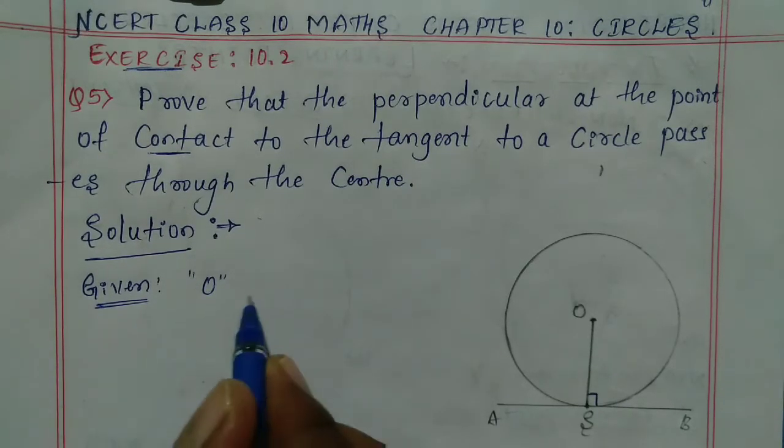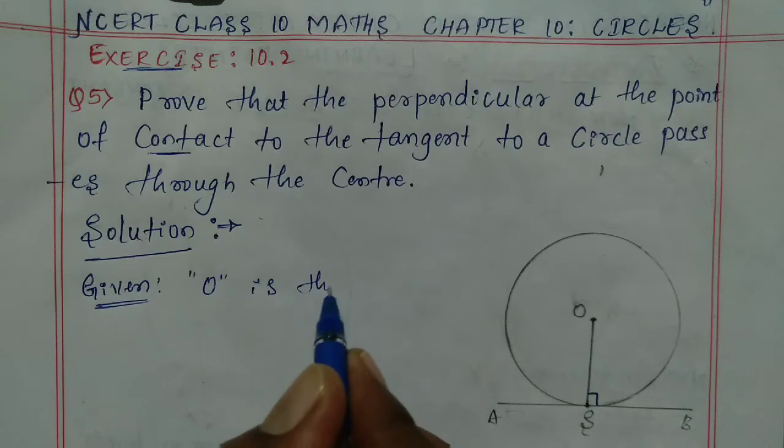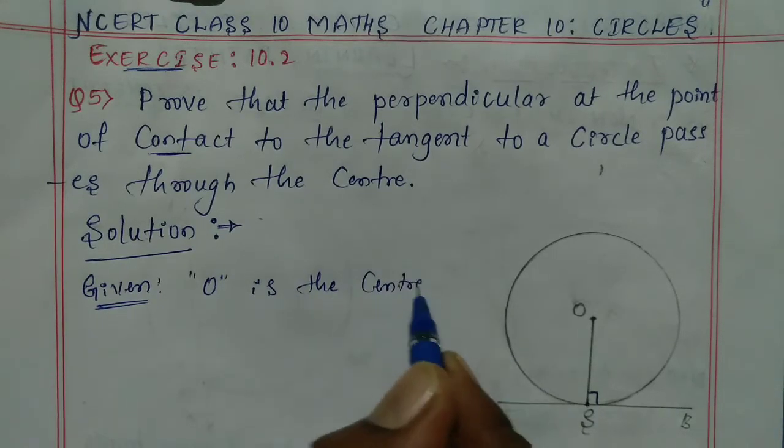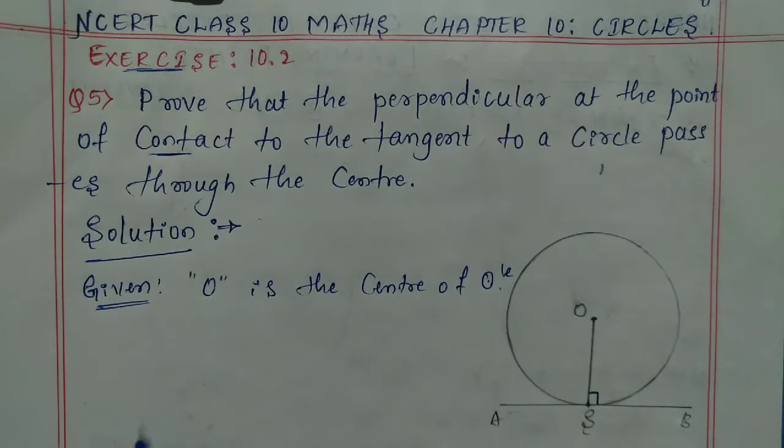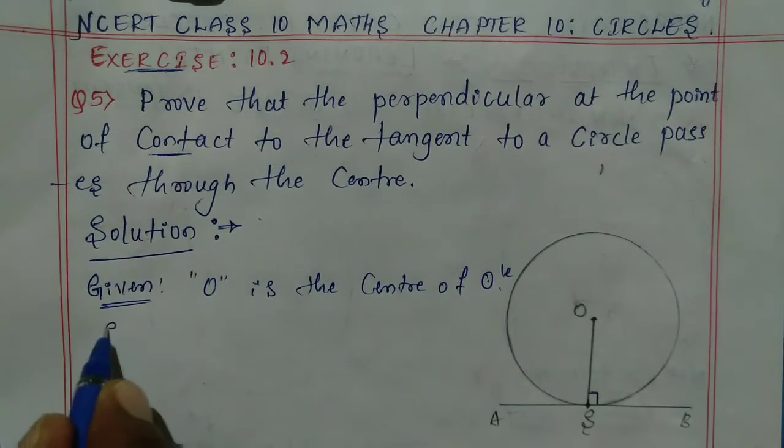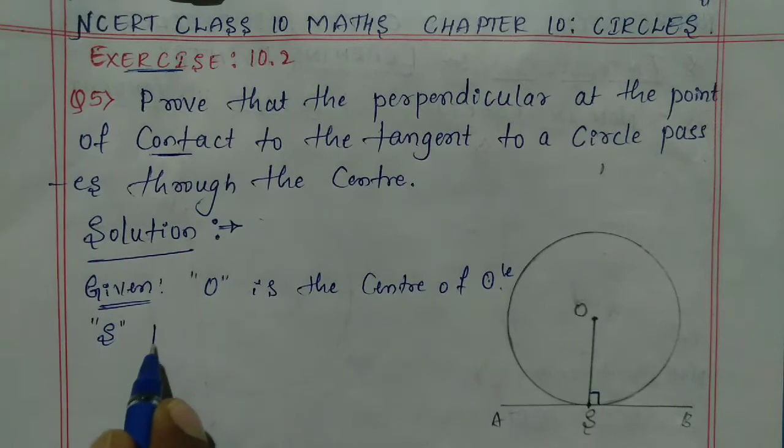O is the center of circle. Next you can write S is the point of contact.